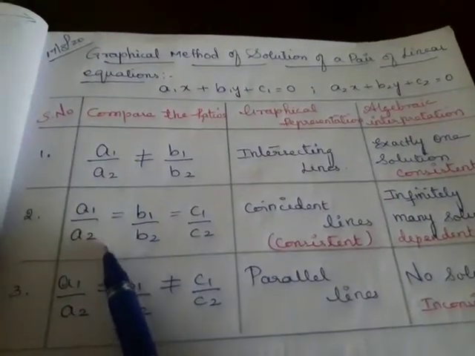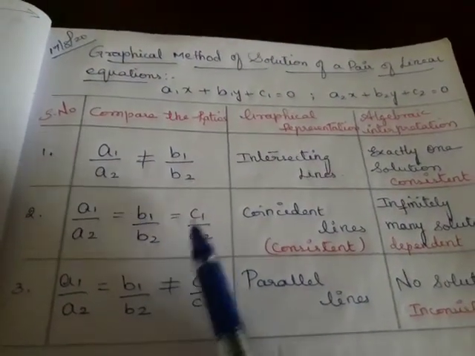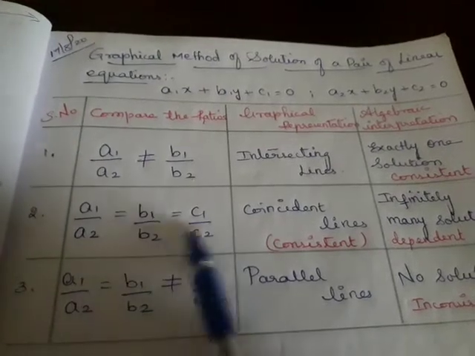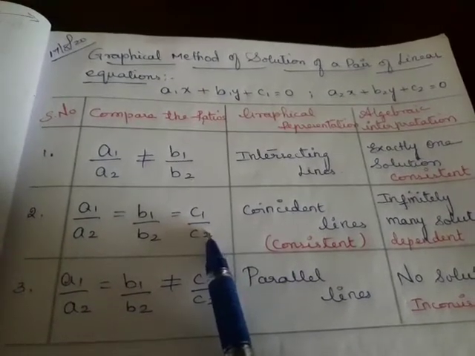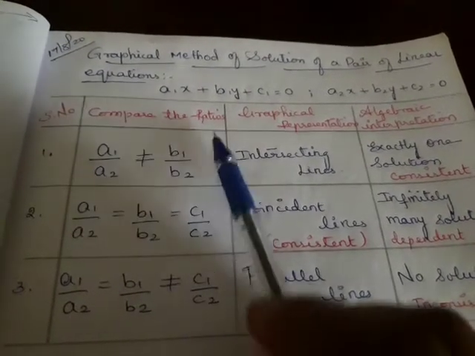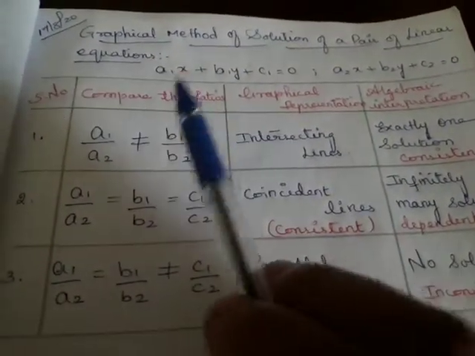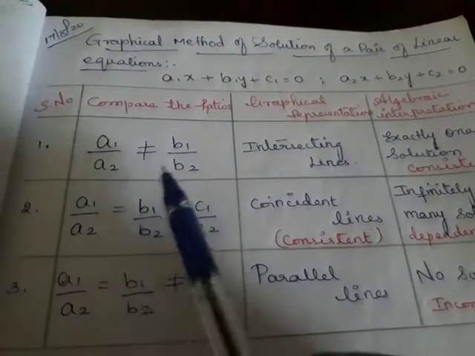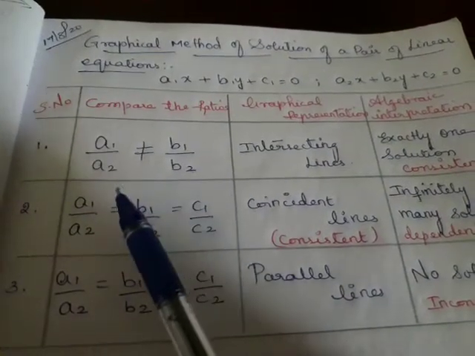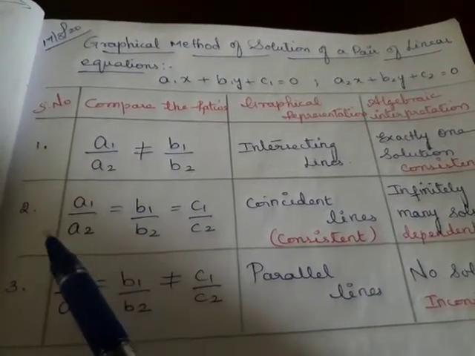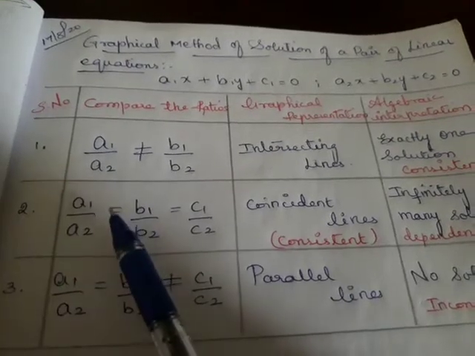If a1 by a2 equals b1 by b2 equals c1 by c2, the ratios are equal, which means it is not necessary that they have the same numbers. Even if you simplify it, after simplifying, the values are equal, right?